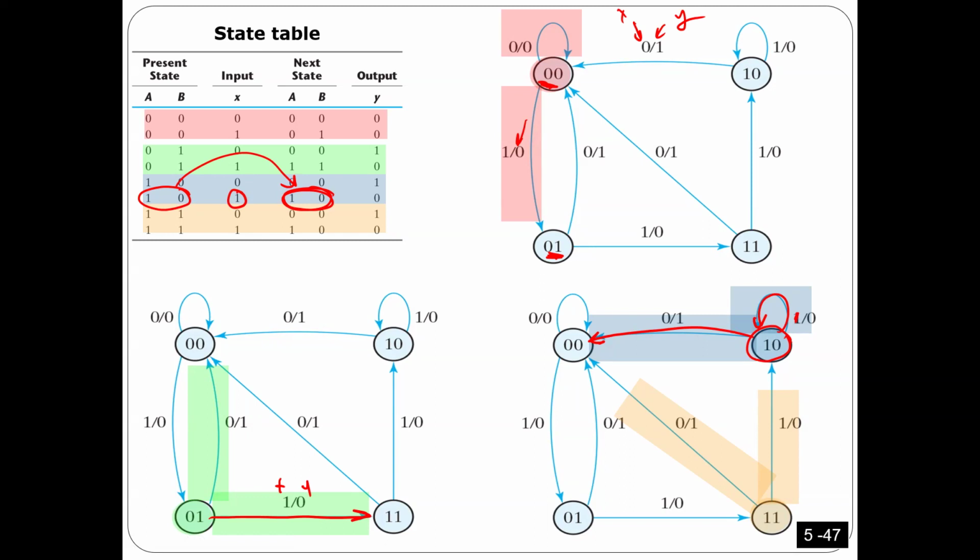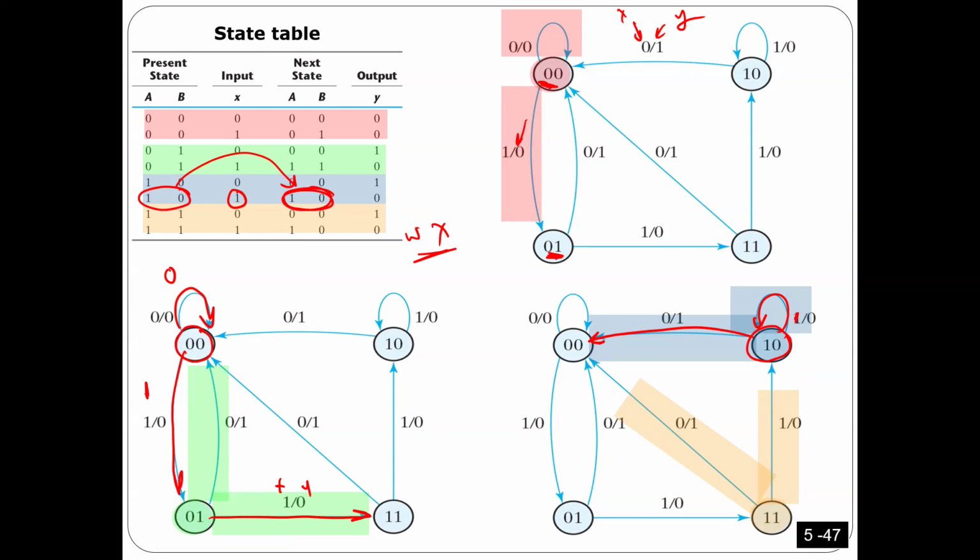Here, because I have only one input x, for every state there should be 2 arrows: 1 when x is 0, 1 when x is 1. Make sense? What if I have 2 inputs, x and y, or w and x, for example? What do you think is going to happen?